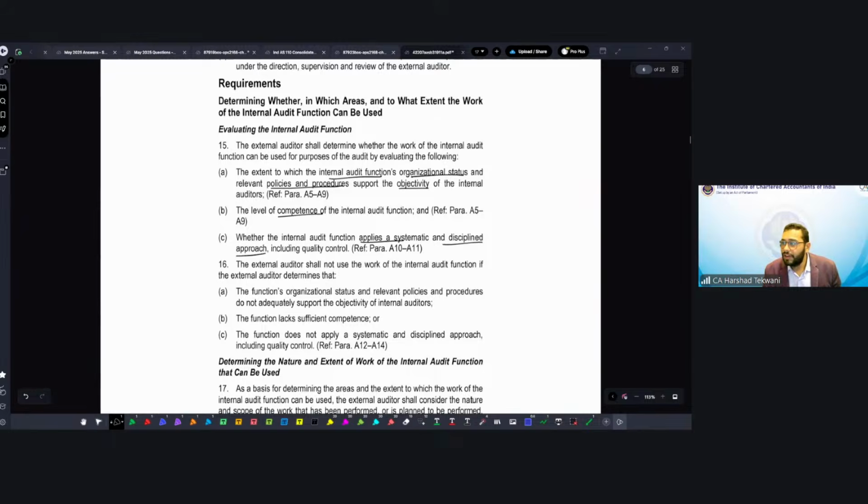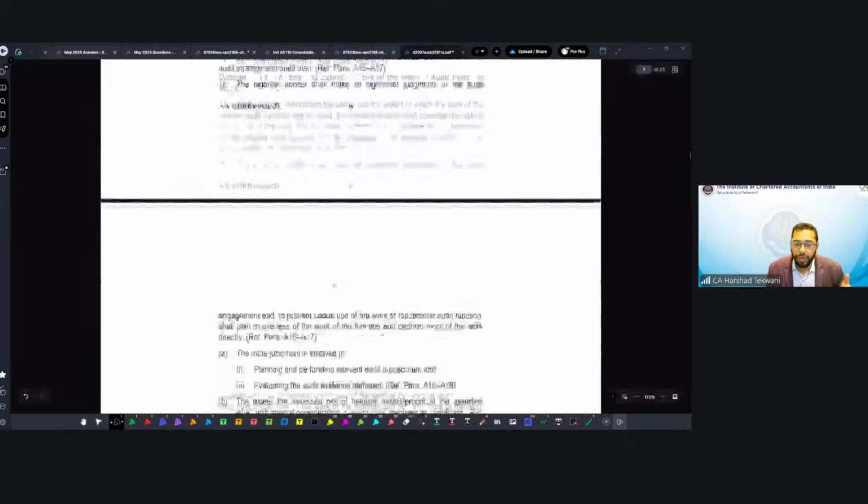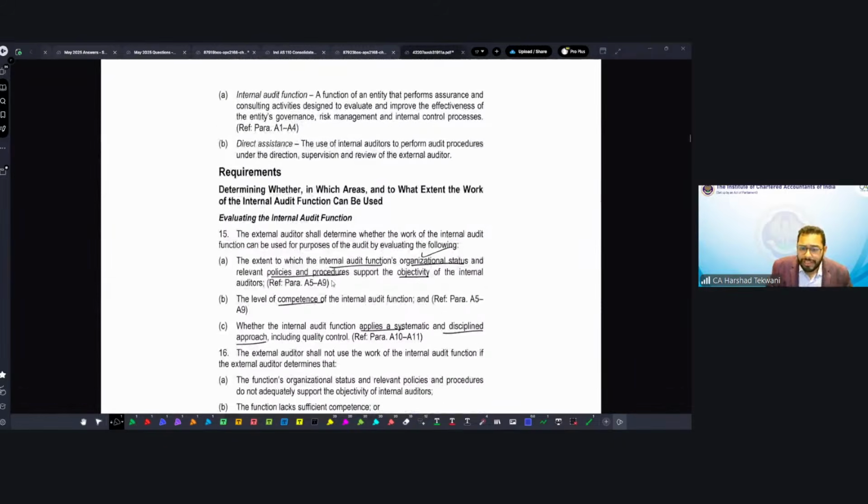first of all, I need to determine that it is not prohibited by law. It should not be prohibited by law to use the internal auditor as direct assistance. Second, is there any threat to objectivity or issue with the level of competency, which we saw earlier also: the organizational status, competence, objectivity, policies and procedures, and disciplined approach?